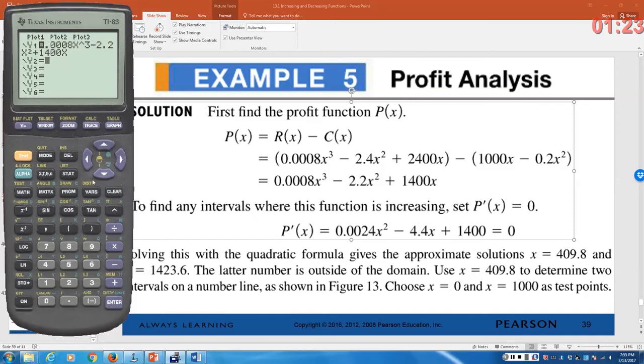But since I also want the derivative, I could either enter in the derivative or I can use nderiv. I'm going to enter in the derivative. So what I have in y1 is the function, and what I have in y2 is the derivative of the profit function. And I want to know what happens to the profit when they don't make any computers.